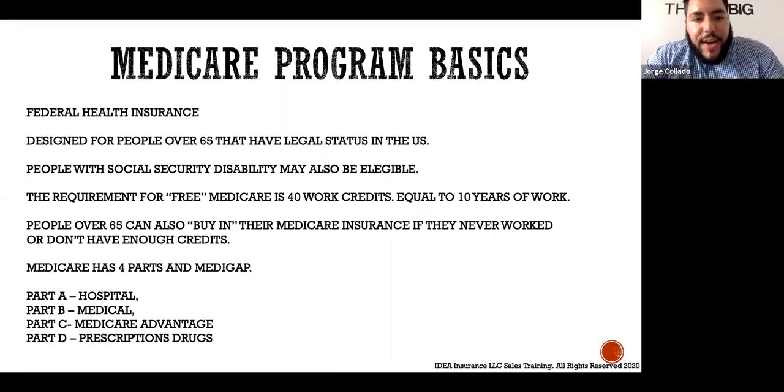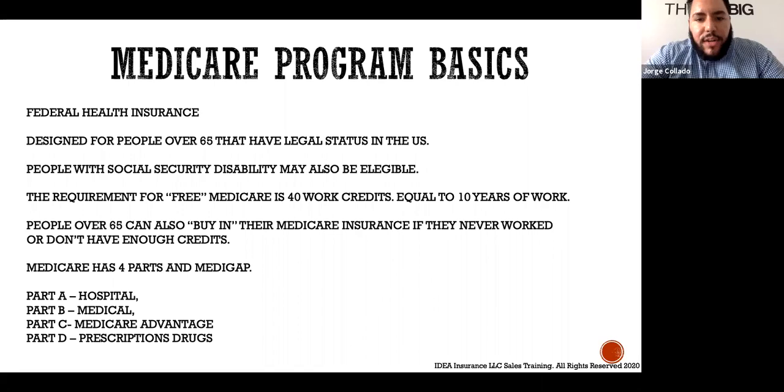People over 65 can also buy into Medicare if they never worked or don't have enough credits. So how does that happen? Let's say people never worked in the US, but they are either a permanent resident or a US citizen. They have the option to buy Medicare insurance.